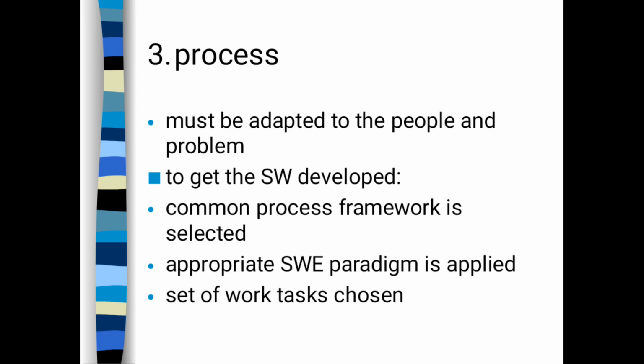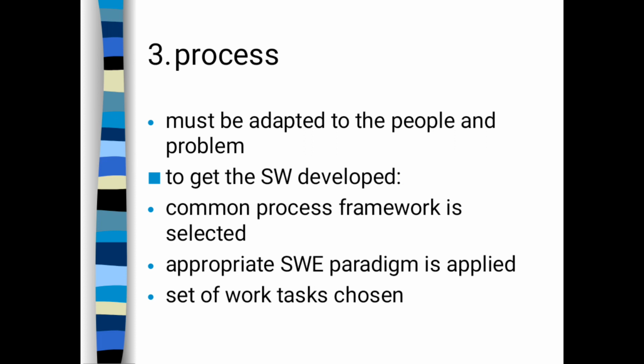Process, the third P, must be adapted to the people and problem. Otherwise the process is waste. However effective it is, it should be adapted to the people and problem. Then only it will benefit the software organization. To get the software developed, common process framework is selected.